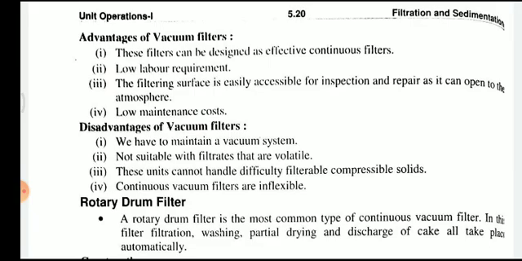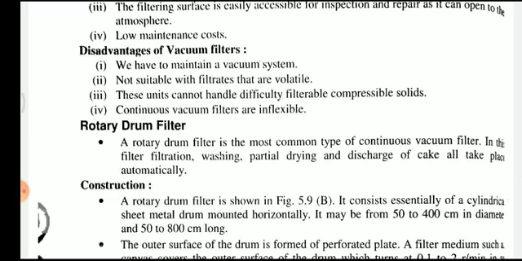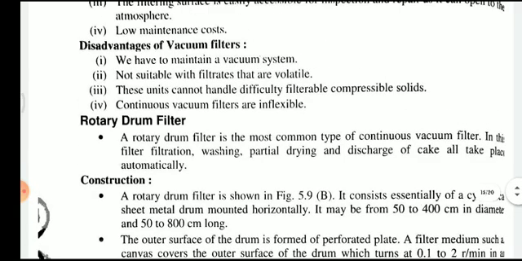The filtering surface is easily accessible for inspection and repair as it can be opened to the atmosphere, and maintenance cost is low. Disadvantages: we have to maintain a vacuum system, it is not suitable for volatile filtrates, this unit cannot handle difficult to filter compressible solids, and continuous vacuum filters are inflexible. So these are the disadvantages.